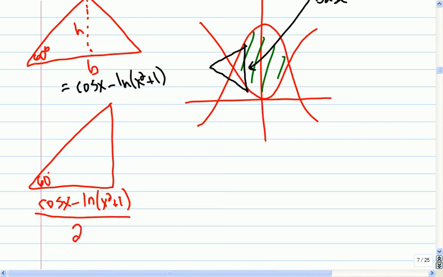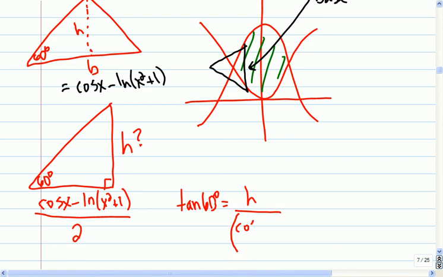This is 60 degrees, and I would like to know what is the height of my triangle. I already have the base. If I can find the height, that means I can answer this question. So if I look at it, this is a trig ratio. The tangent of 60 degrees is equal to the opposite over the adjacent.